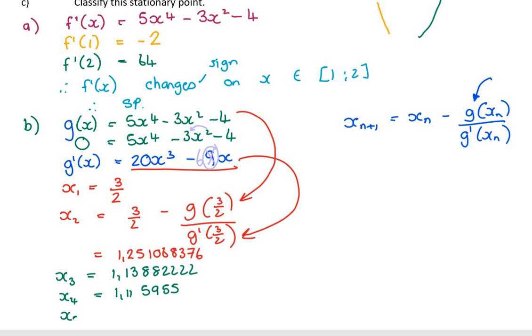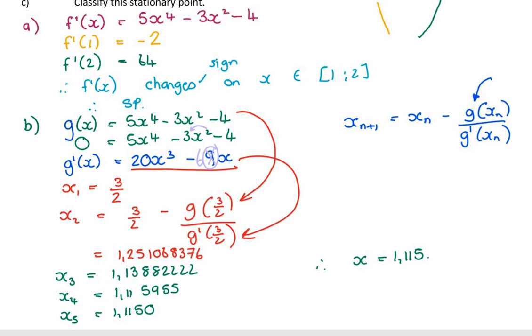But finally I've gotten 1.115 again, and if I just check and put equals again, I still get 1.115. So therefore, my stationary point is at a value of 1.115, accurate to 3 decimal places.